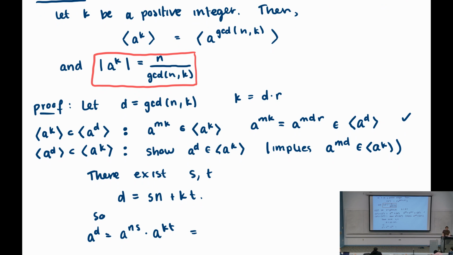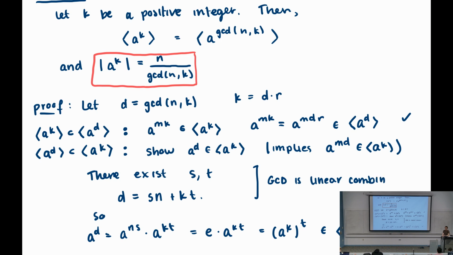So this gives us E times A to the KT, which is, let's just rewrite this as A to the K to the power T. And this is a power of A to the K, so that means that it is an element of the group generated by A to the K. Okay, so that completes this part of the proof, using that the GCD is a linear combination. Okay, are there questions up to this point?